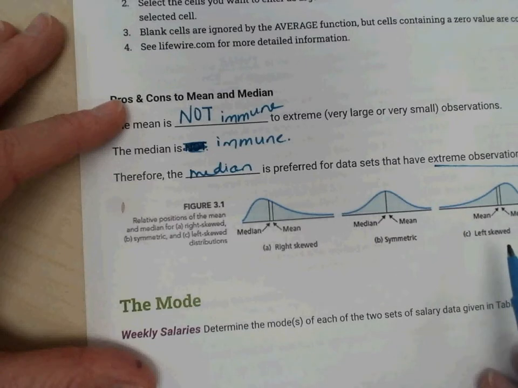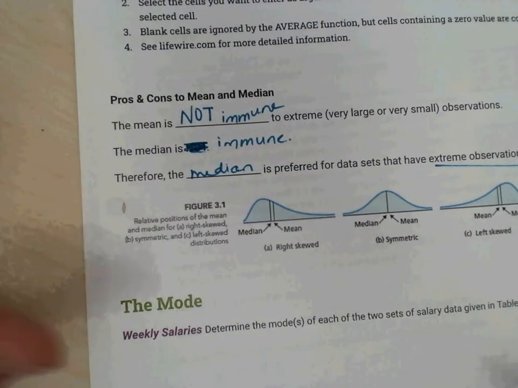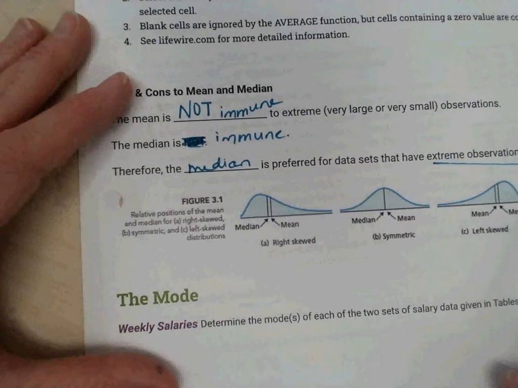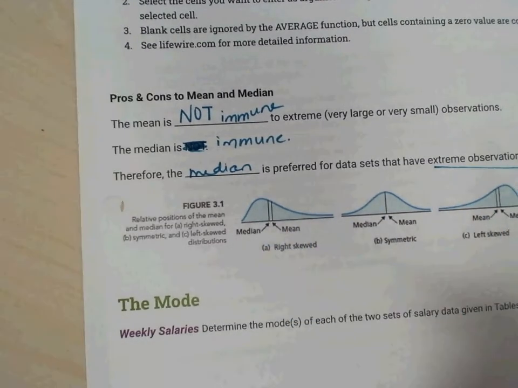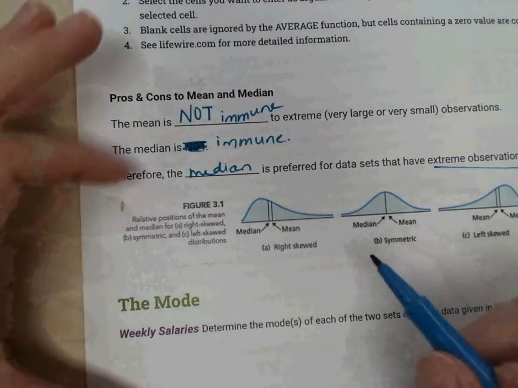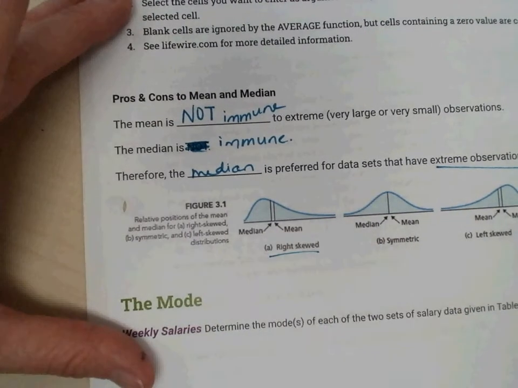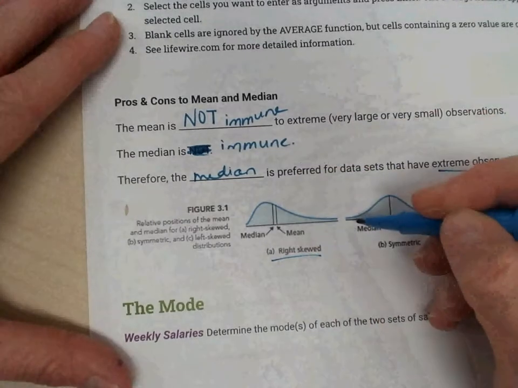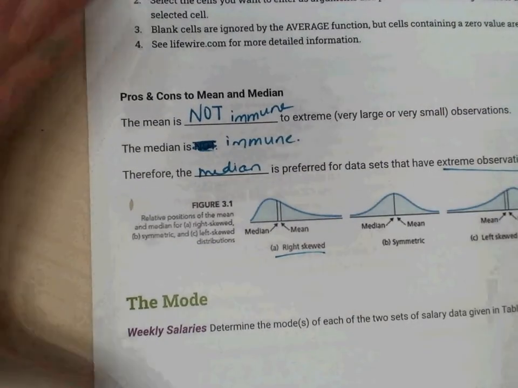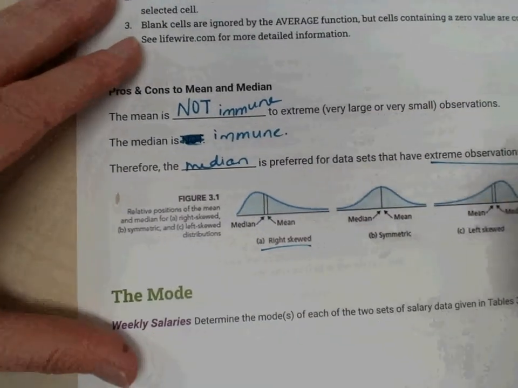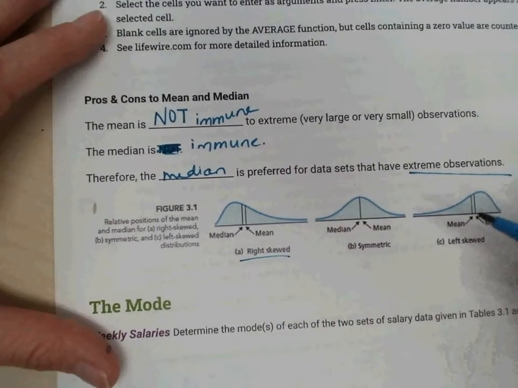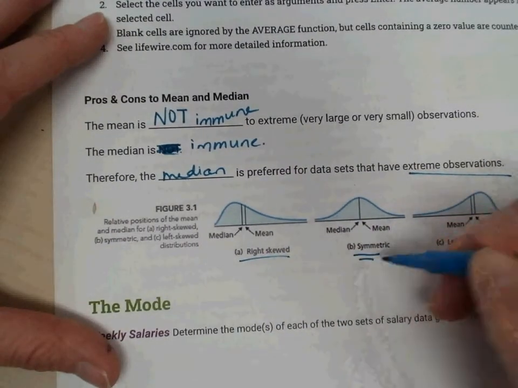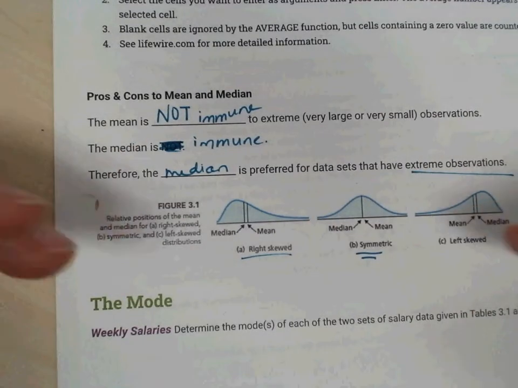So here you have our curves again, distributions is the word, of these different data sets, and it's comparing where the median and mean are located in relationship to one another, given these different distribution shapes. So if you're right skewed, remember that's where you would have an extreme larger value, the median is to the left of the mean.